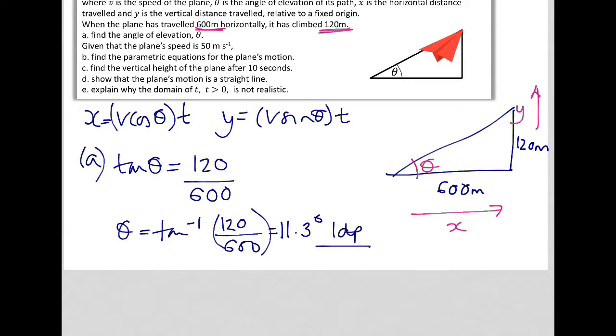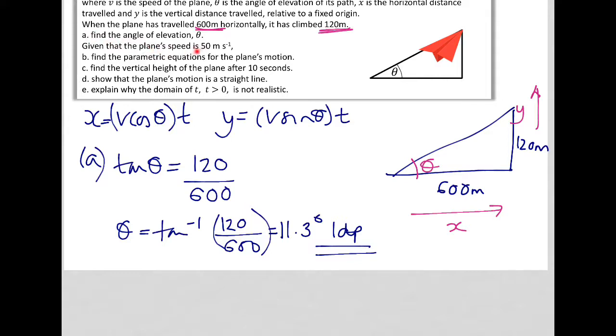Make sure that your calculator is in degrees because that's what we'll be working in for this style of question. Right, just let me check I've got that all right. Find the angle of elevation theta. I've done it. Yep, that's all good.